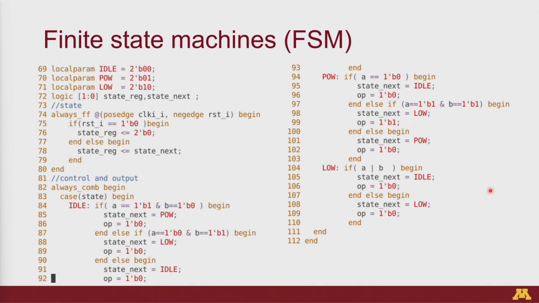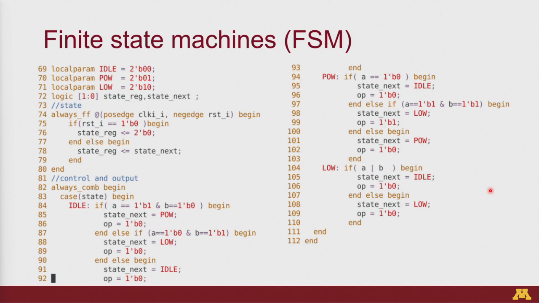Is it in an idle state? Is it in a power-on state? Is it in addition, multiplication, different states like that? Then in different states, you say what operations happen in those states. A finite state machine is just a top-level control block which says how you transition between these states, and what control signals you drive based on these states.